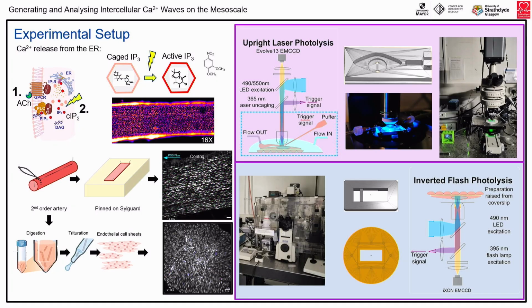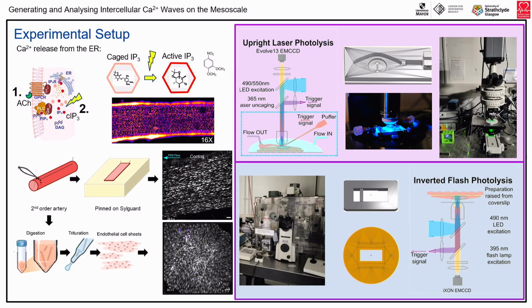I image the calcium using Cal520. So I work with endothelial cells, and we really like the Cal520 indicator dye. I use this either on freshly dissected primary arteries, which I dissect out and pin open and stain, or on primary endothelial cell patches, as you can see on the bottom here. The imaging systems that I use are fairly simple, actually.